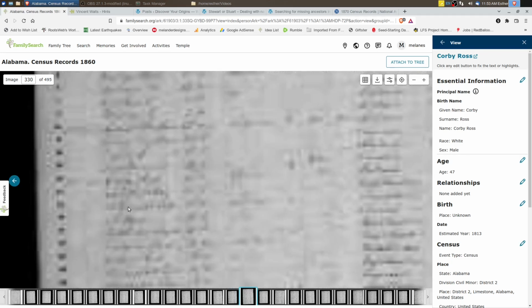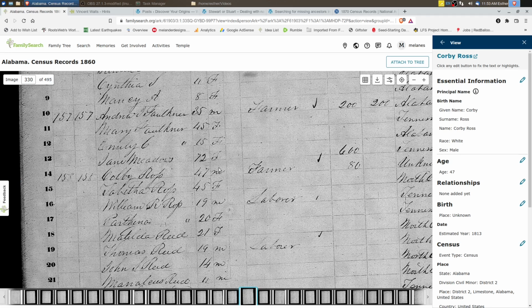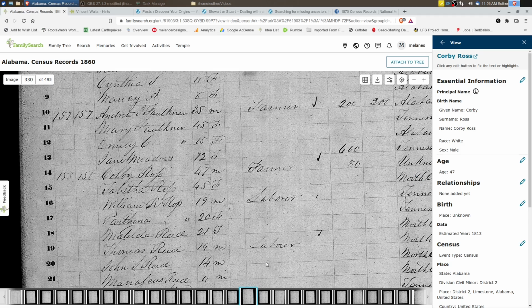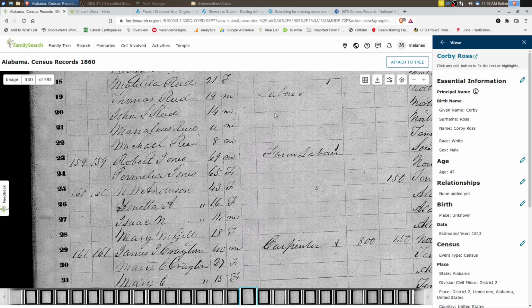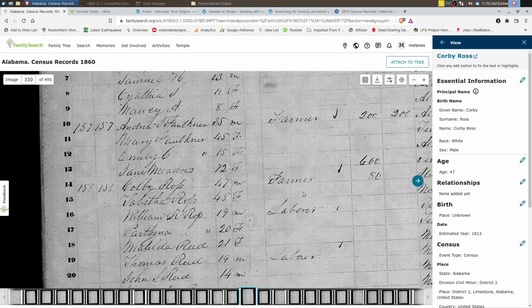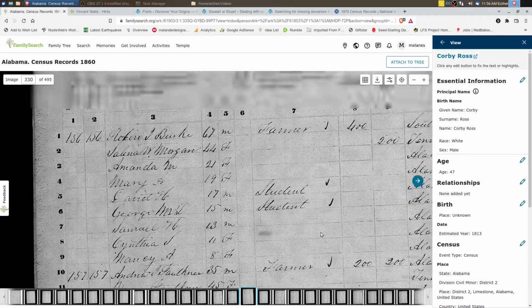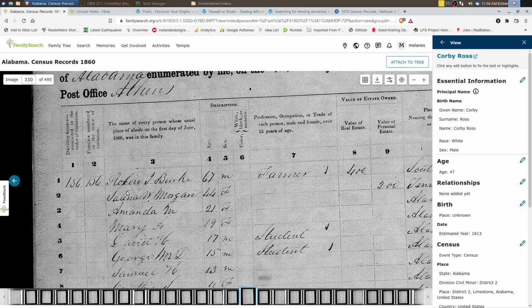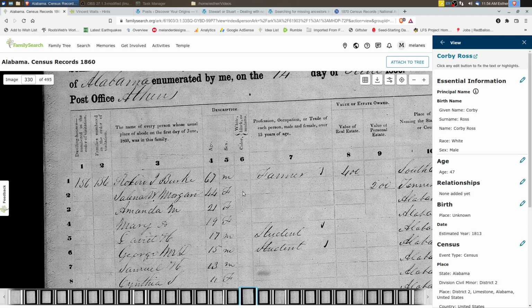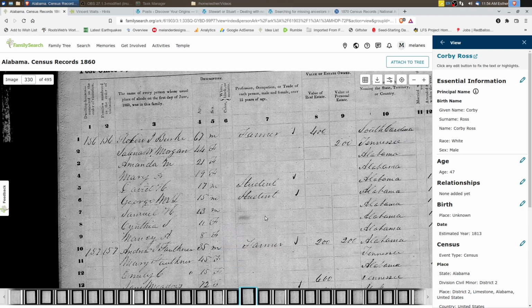So here's Colby Ross right here in the middle, and he's a farmer. I want to look at his neighbors who are also farmers. I've got a Robert Jones, a James Creighton, an Andrew Faulkner, and a Robin Burke. So you want to look for these people in the 1870 census.